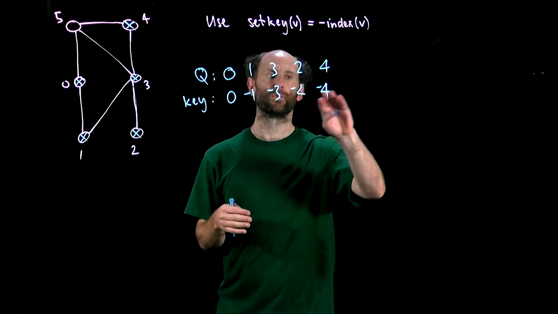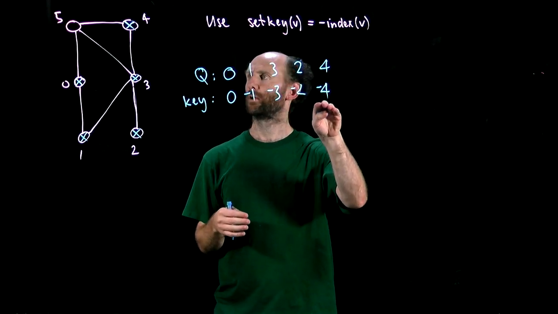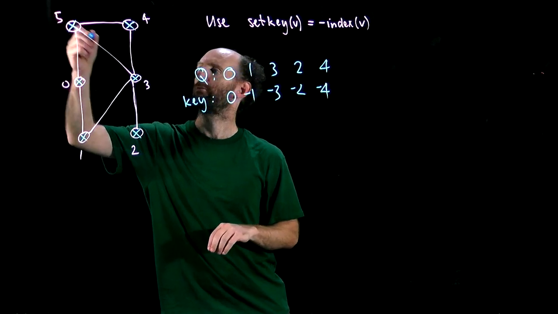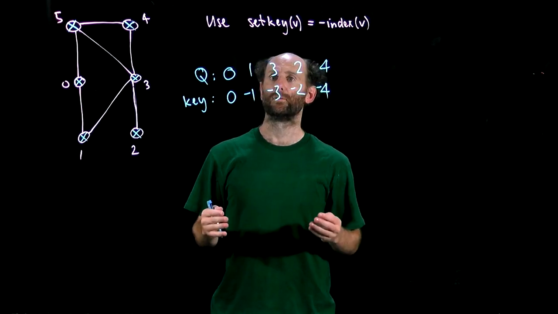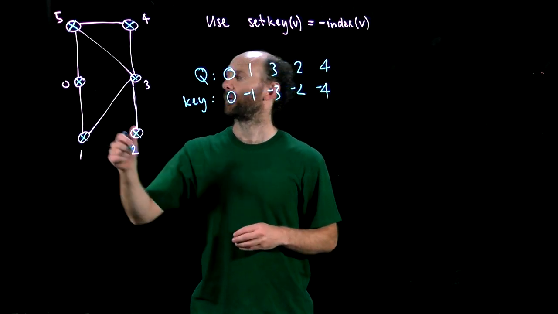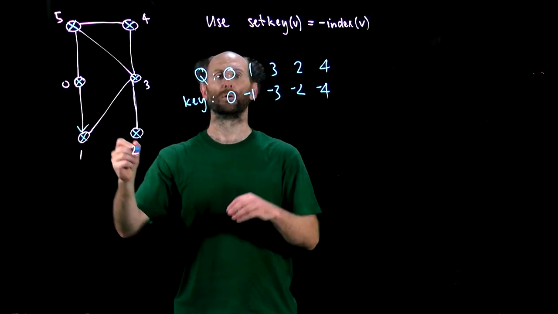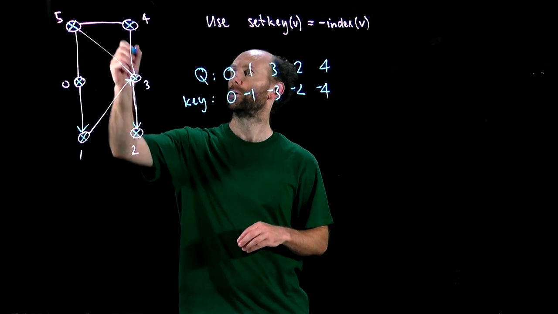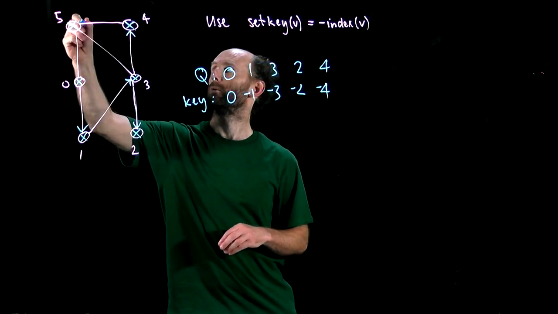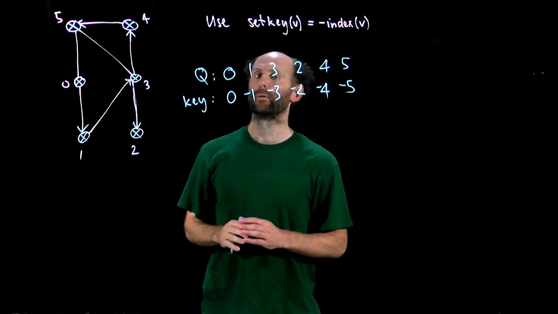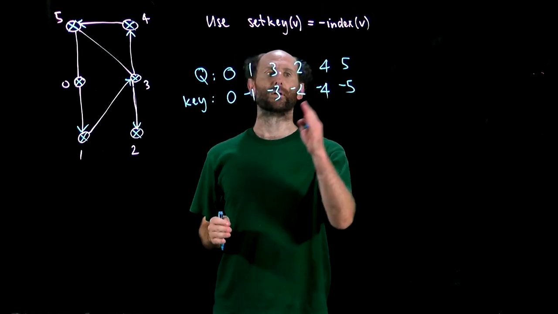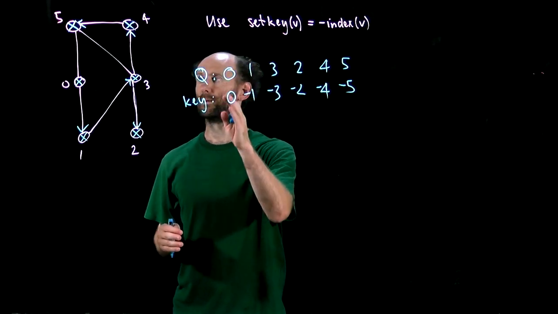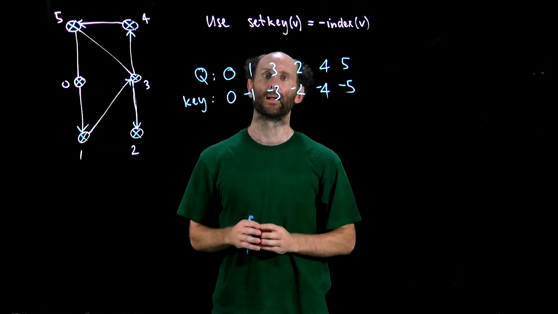Now I'm going to choose 4 because it has the highest priority of -4, and I'll visit 5 from there. So just to show which edges I used, we went from 0 to 1 to 3 to 2 to 4 to 5. And now it's just a matter of choosing 5, then 4, then 3, then 2, then 1, then 0, and they'll turn black in that order.